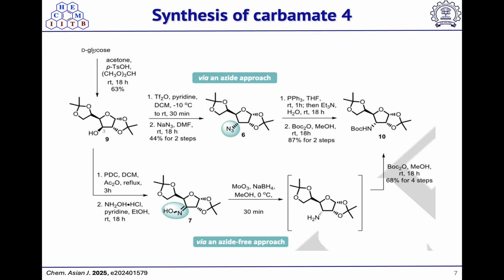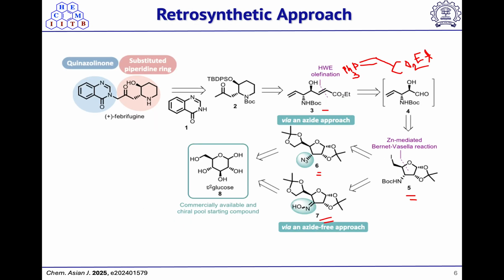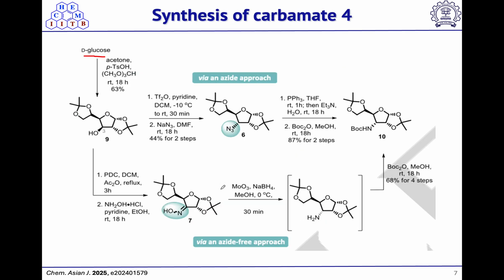So D-glucose. We have started from D-glucose, as we have mentioned here. It is commercially available. So we are starting from D-glucose, and we are getting 9. How are we getting this 9?